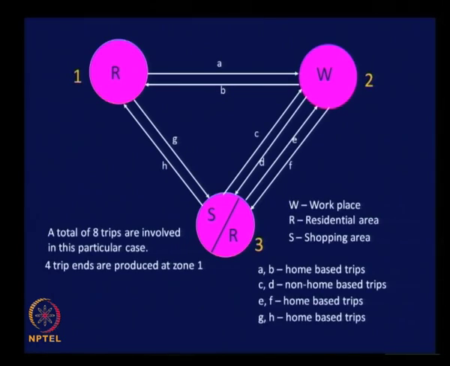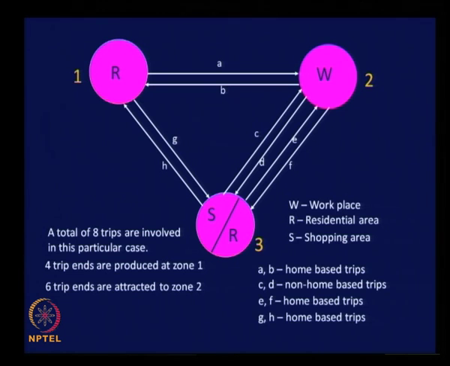So, that is how we say that 4 trip ends are produced at zone 1, right. And how about zone 2? 6 trip ends are attracted to zone 2, because zone 2 is a workplace zone. So, all the trip ends associated with non-home kind of activity is obviously a trip attraction. So, that is how we can say that 6 trip ends are attracted to zone 2.